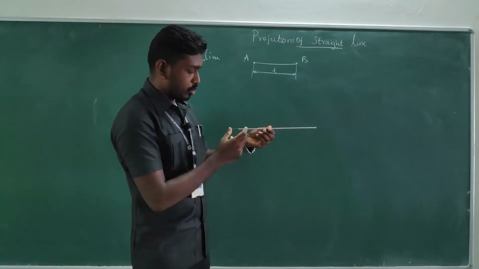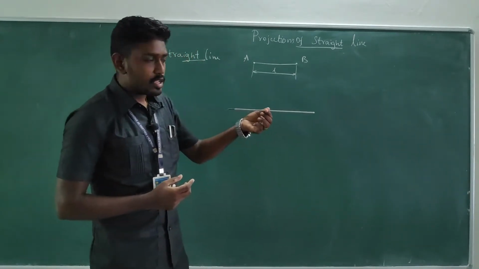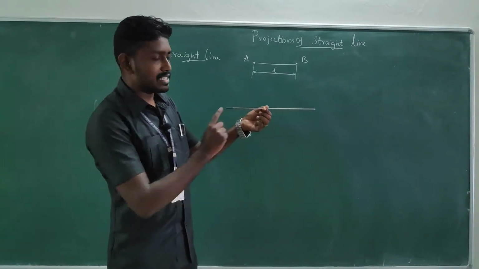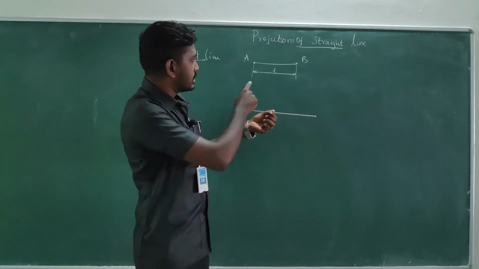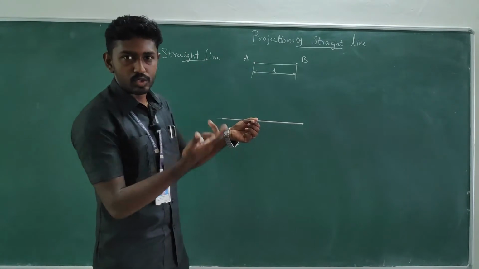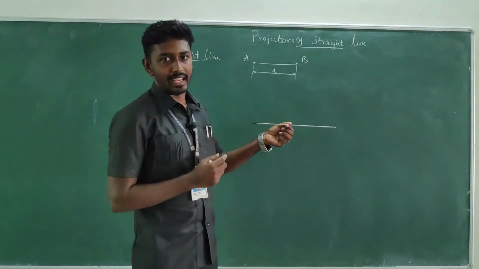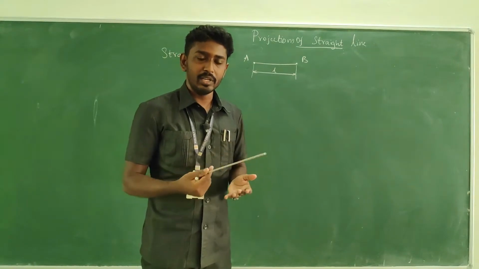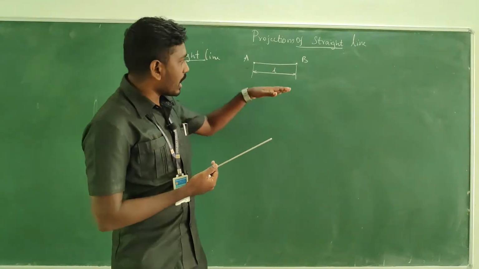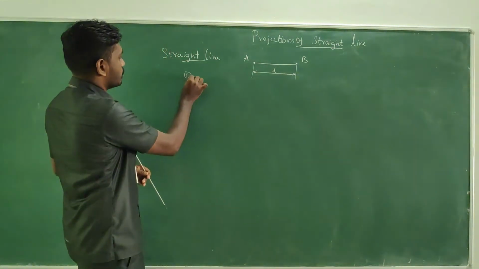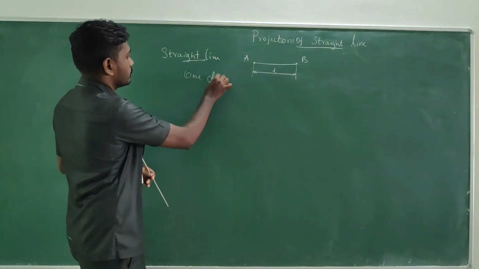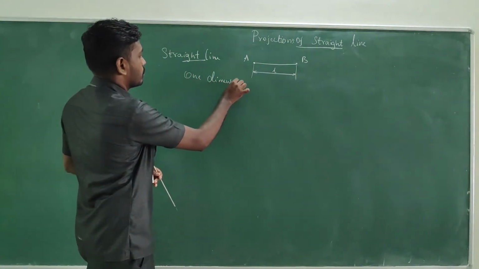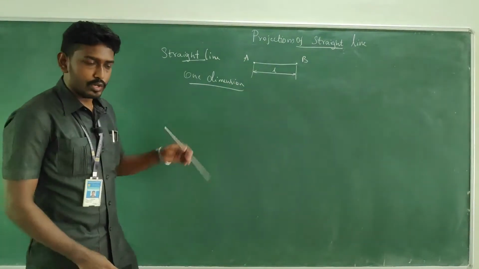I have taken the 2 points as A and B. The line is a one dimension object since it has only length. There is no width or height. What about the point? It is a dimensionless object. So now we are dealing with a one dimension object.